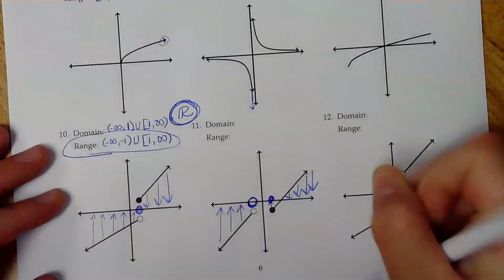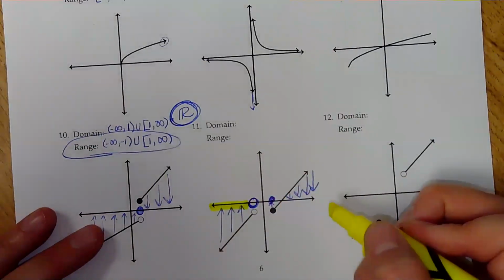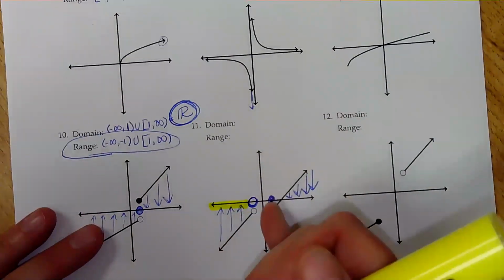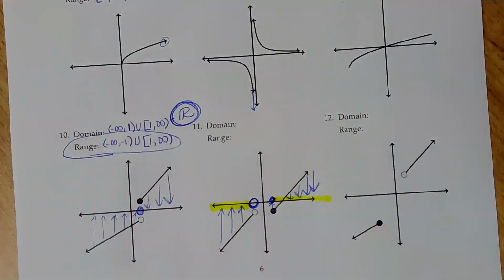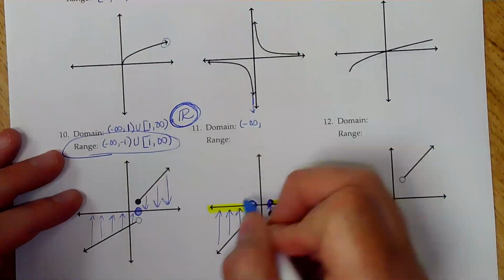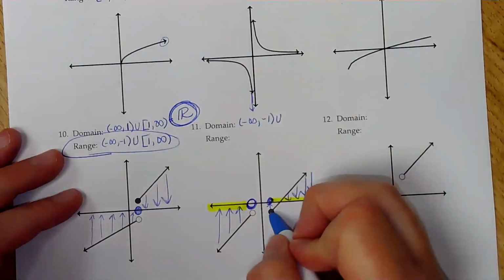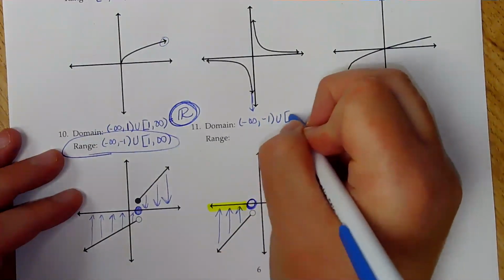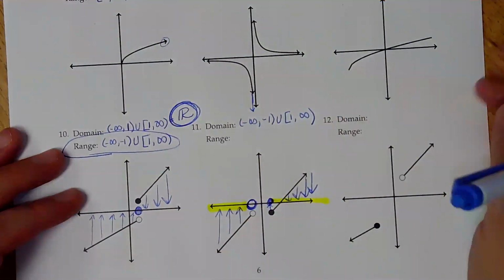And I see that arrow there, so I know it keeps going. So I'd be looking at all of that, but not including this hollow dot. And then I will include this solid one and everything that comes after it. So my domain here is -infinity to -1, but not including that -1. And then I start at +1 and go to +infinity. Okay.